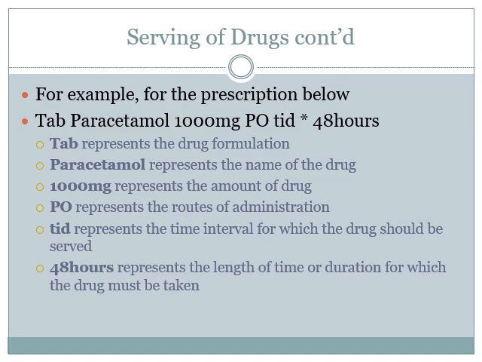So let's see how this prescription, tab paracetamol 1,000 milligram PO TID times 48 hours, is going to help us understand what the doctor wants us to do. The tab tells you the formulation of the drug. This means that the drug is not syrup, not liquid, not an injectable drug, but a tablet.